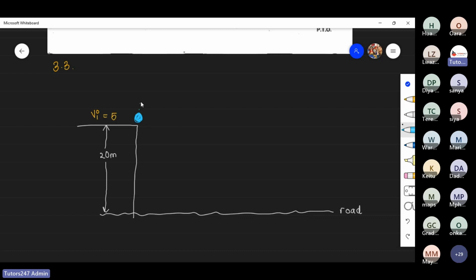Ball A then goes to maximum height, which is where velocity is going to be 0. Always remember, velocity is always 0 at your maximum height. Next, ball A falls down to the ground and hits the ground.